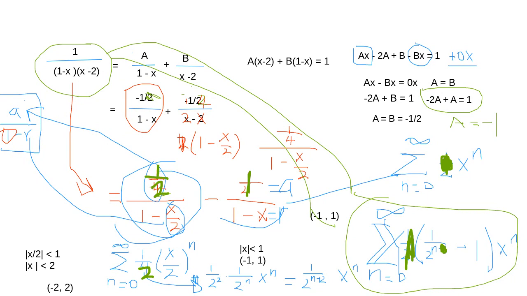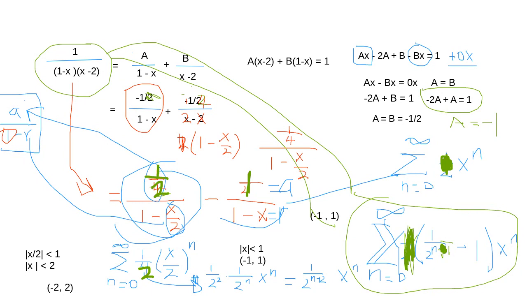So we remove this half, the quarter, as a factor. So the first term is 1 over 2 raised to n plus 1, then -1, in parentheses, x raised to n. So the representation for this one is 1 over 2 raised to n plus 1 minus 1, x raised to n.